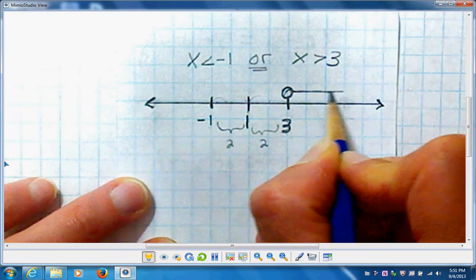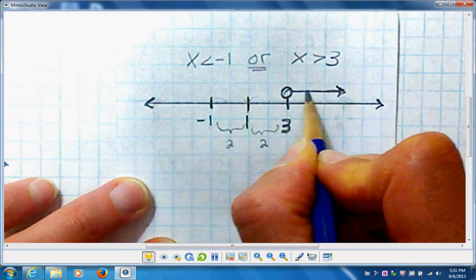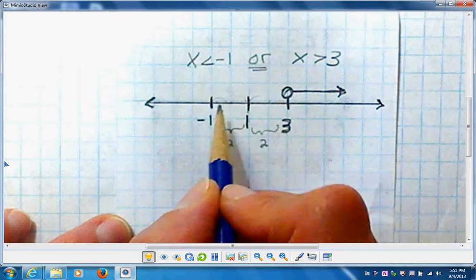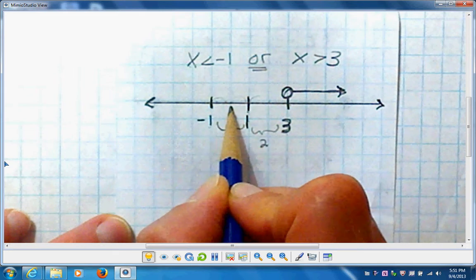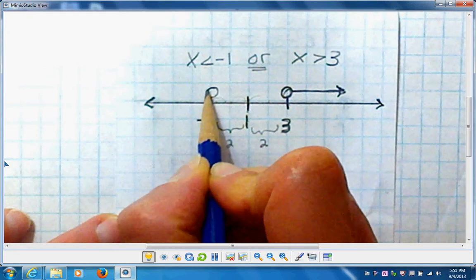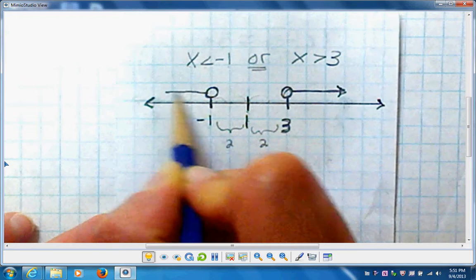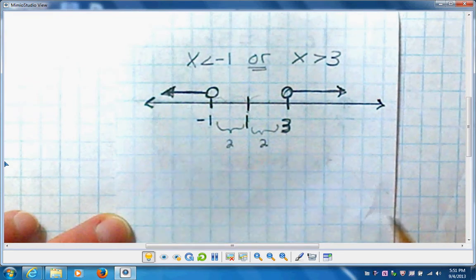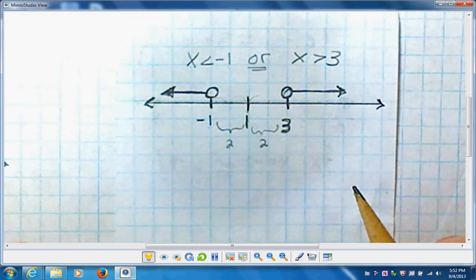So these numbers over here are all greater. Now I'm going to look at this side. x is less than -1. So this is -1, this is 0. Well, 0 is bigger, so let's go the other way. This is -1, this is -2. So it must go the other way. x is less than -1. Okay, so that's what my graph looks like.